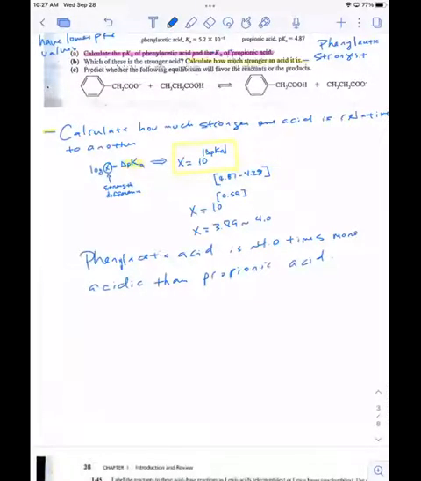So we've looked at converting Ka to pKa. We know now that if we compare pKa values, the lower number is the stronger acid. And we also know how to calculate how much more acidic one acid is than the other, right? We just calculated that. It's 10 raised to the difference in pKa.